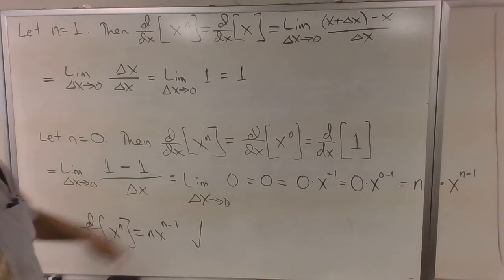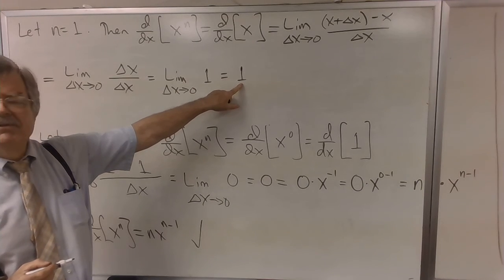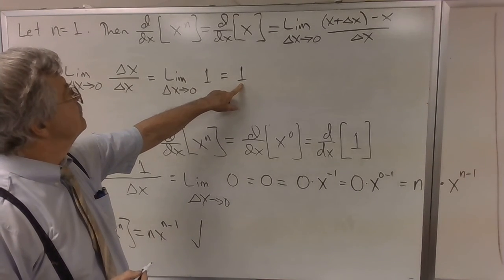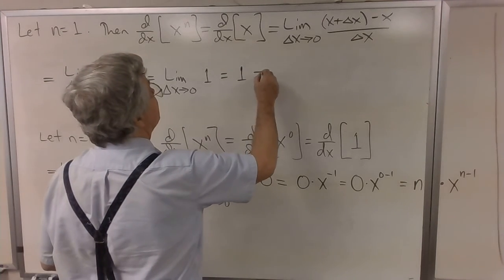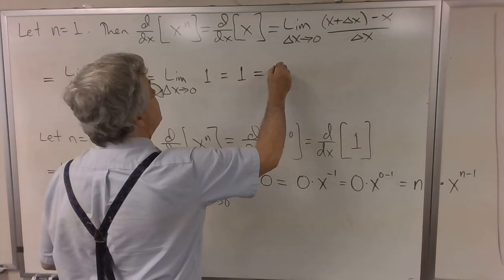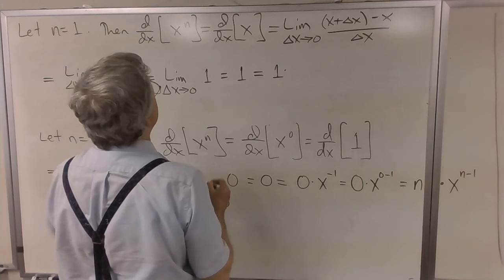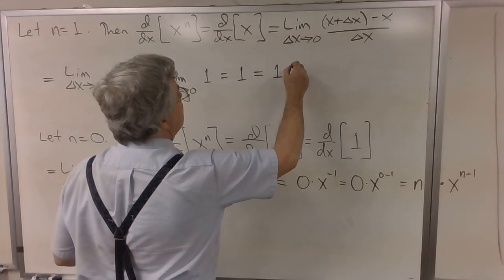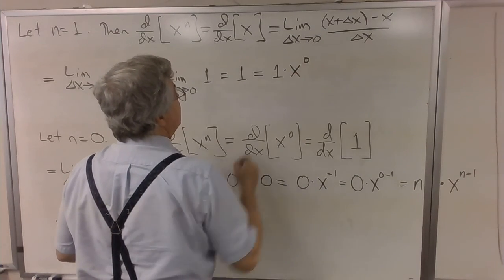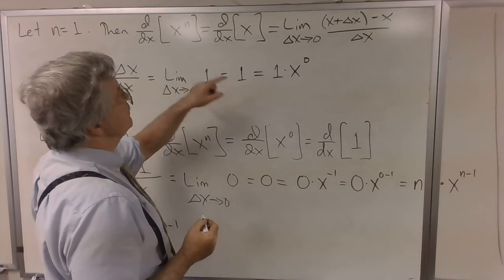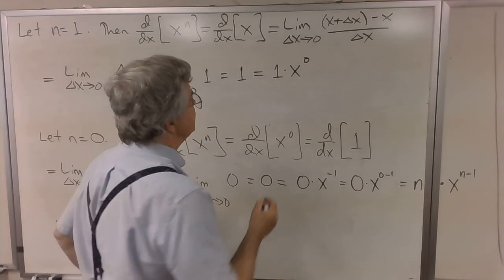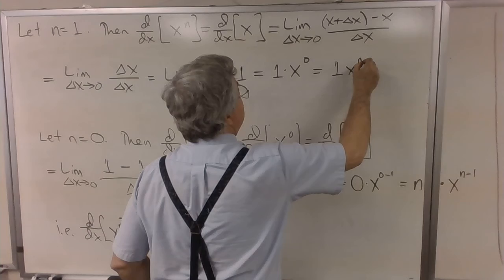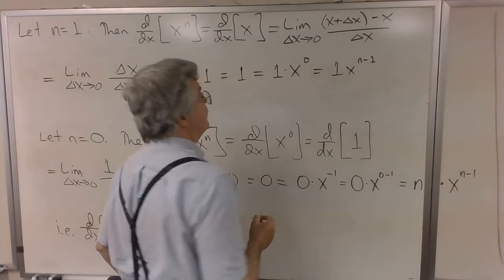Now, can I write this in terms of n times x to the n minus 1? Let's see. Here's n. And if n is 1, then x to the n minus 1 is x to the 0. Okay.